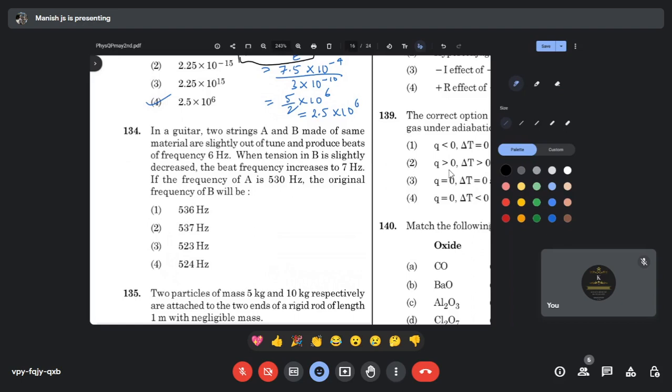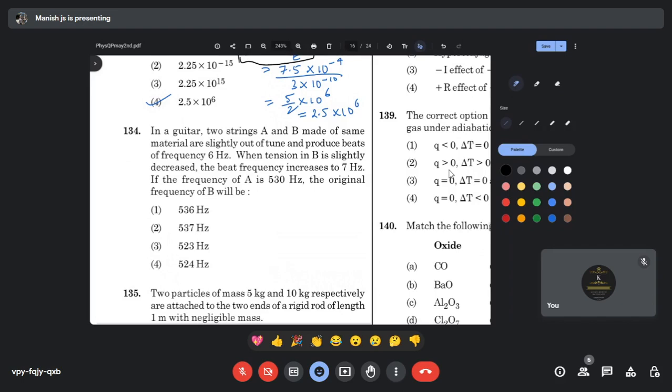If the frequency of A is 530 Hz, the original frequency of B will be: option 1, 536 Hz, option 2, 537 Hz, option 3, 523 Hz, option 4, 524 Hz.